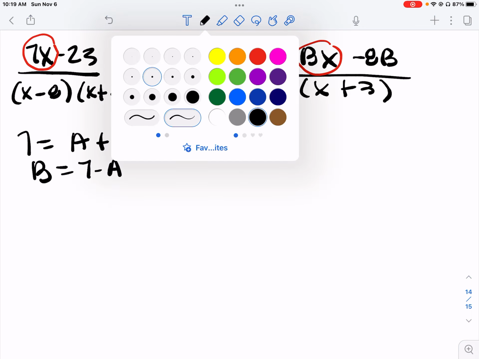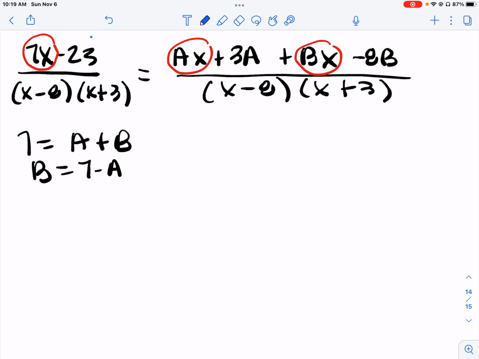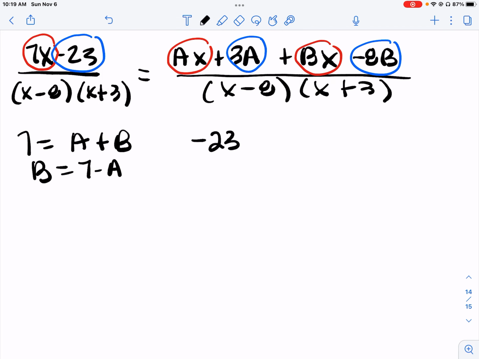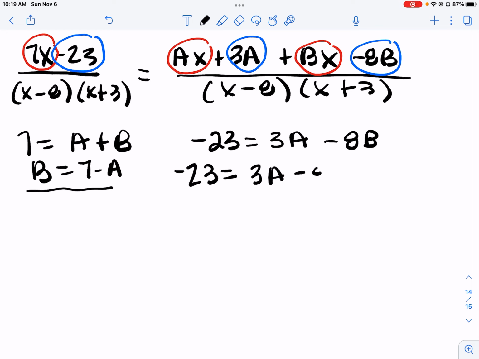Okay, now let's look at the numbers. Negative 23 has to equal 3a minus 8b. Well, we know b is 7 minus a. Distribute.